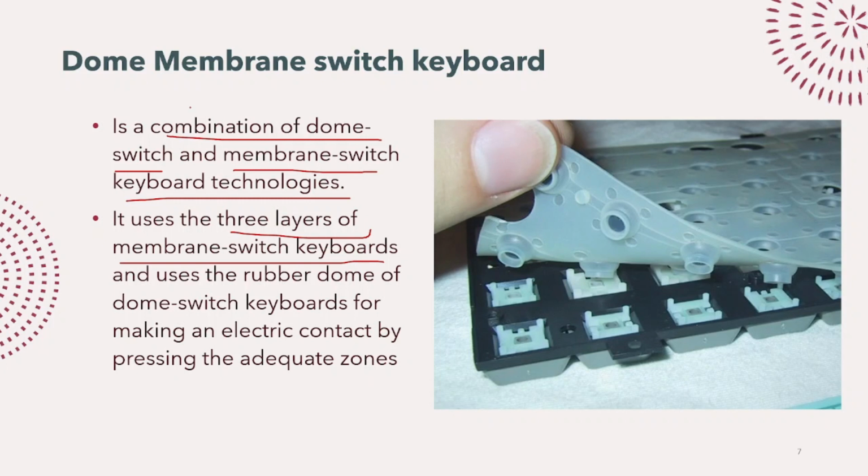Since it's still a dome membrane switch, it still uses a rubber dome, as in the dome switch keyboard, for making electric contact when pressing the adequate zones. If you can see here, we still have the dome and these 3 layers, which are the 3 layers of the membrane switch keyboard. As we mentioned before, a computer works using an electric current.